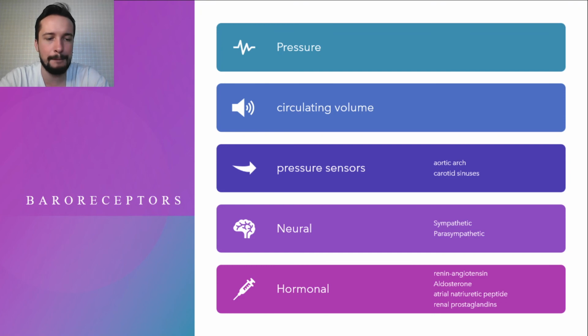Baroreceptor responses are both neural, through sympathetic and parasympathetic pathways, and hormonal, through substances including renin-angiotensin, aldosterone, atrial natriuretic peptide, and renal prostaglandins. The net result of alterations in renal sodium excretion and free water reabsorption is restoration of volume to the normal state.